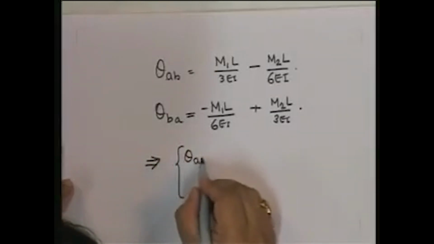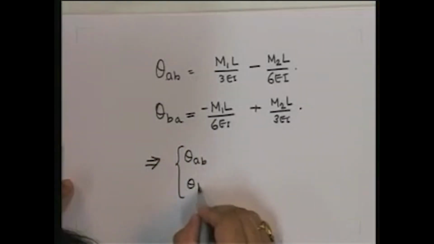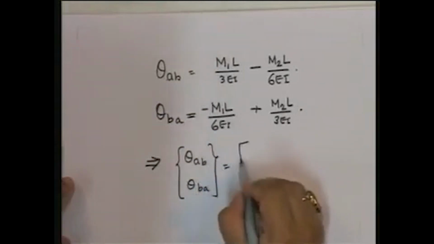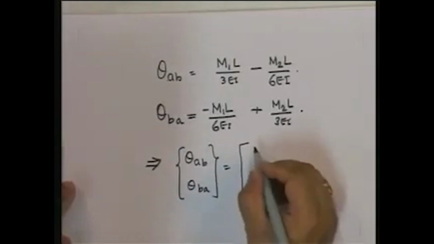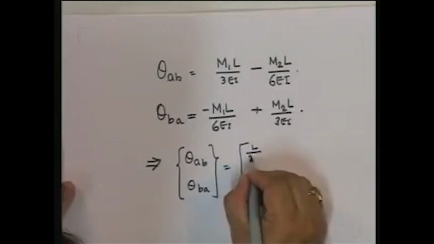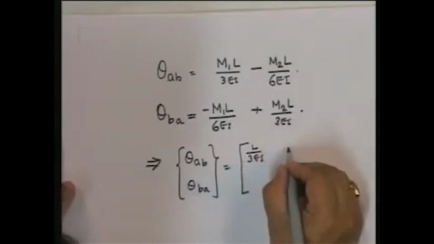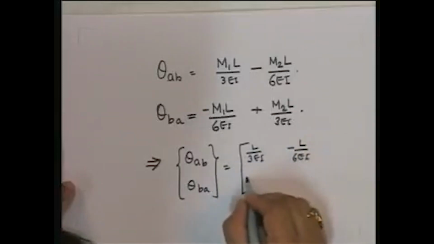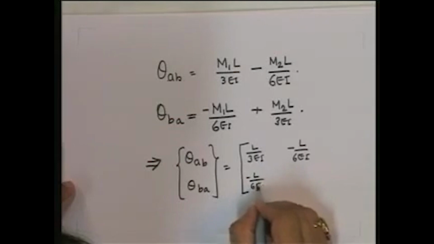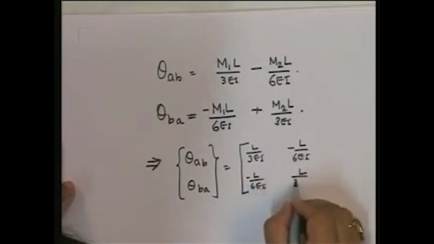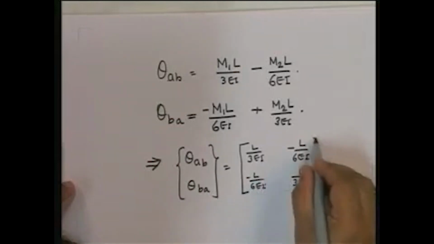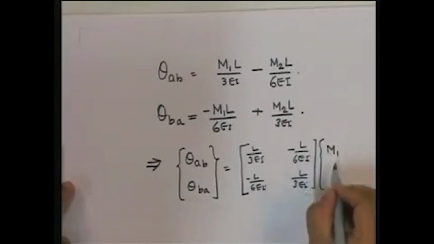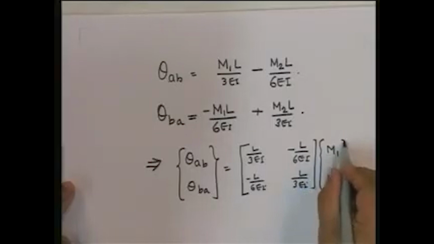I can consider this as a vector which is equal to, let's look at it, L upon 3 EI, minus L upon 6 EI, minus L upon 6 EI, L upon 3 EI multiplied by M1 and M2.